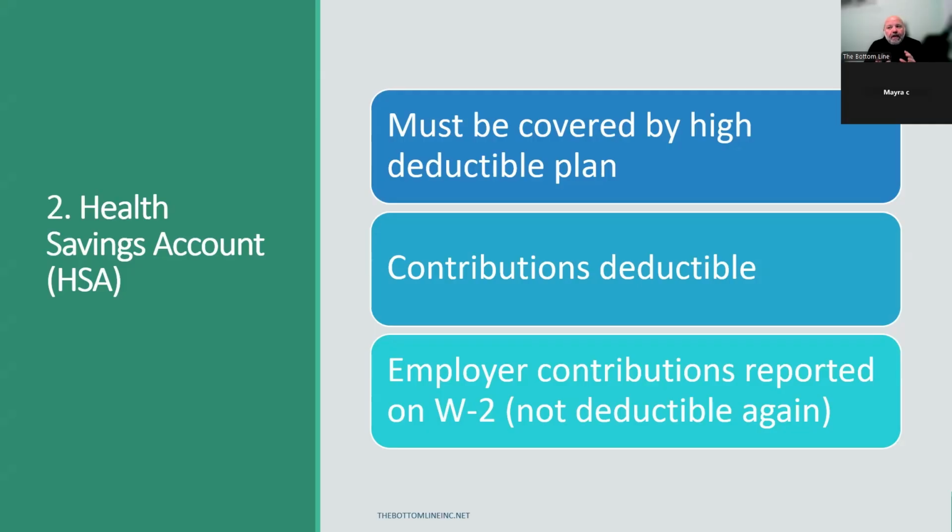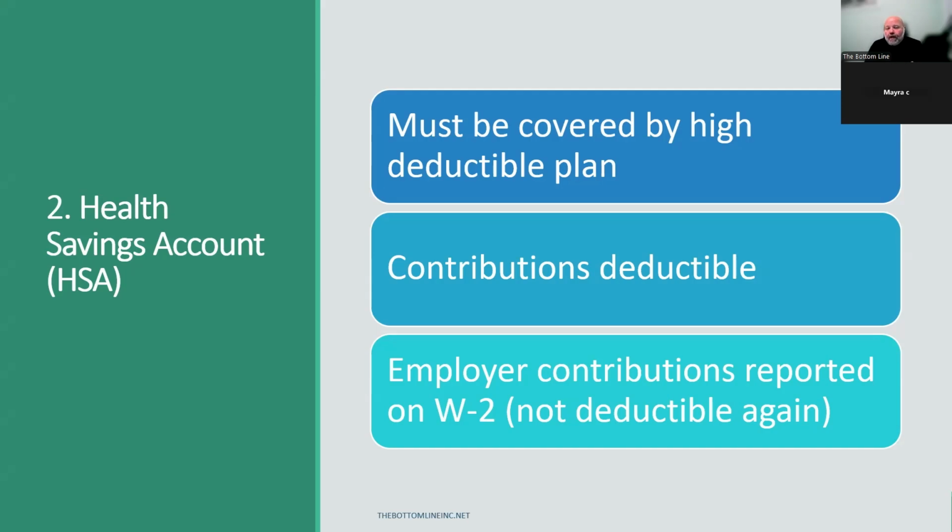After a certain age, and I'm not quite sure, I should have looked this up, it's either 62 or 65, you can take the money out of your HSA tax free. So as long as you leave that money there until you reach a certain age, you can then withdraw the money from your HSA tax free.